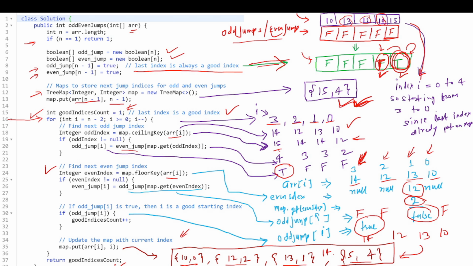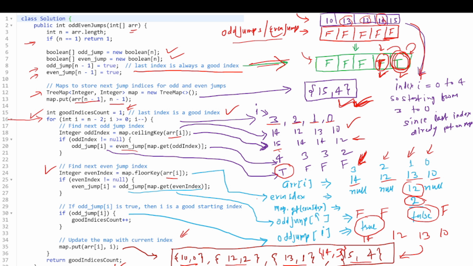Like that we will have the element and its index in this tree map. And we have already talked about why we have used the tree map: because a tree map is a self-balancing binary search tree, similar to a red-black tree, meaning it will maintain its elements in sorted order, because we have to find the odd jump and even jump elements.